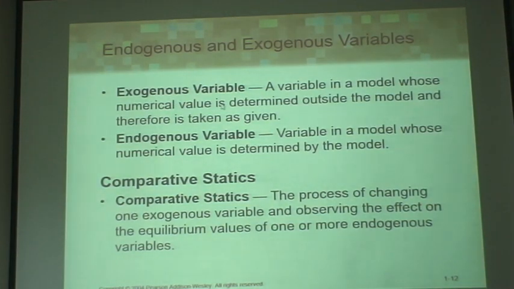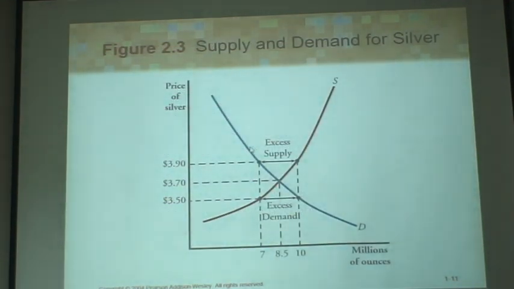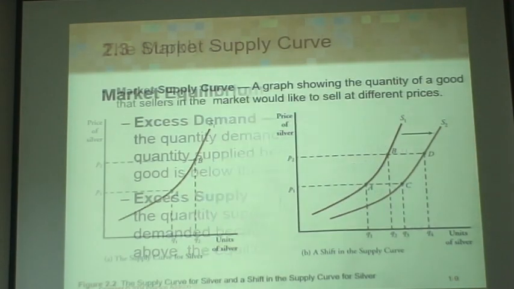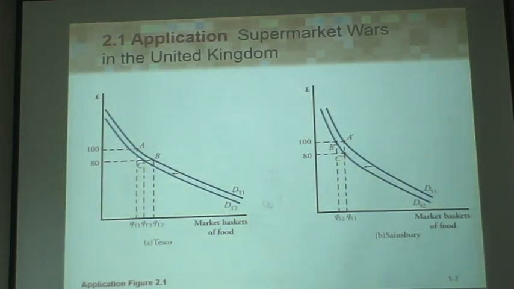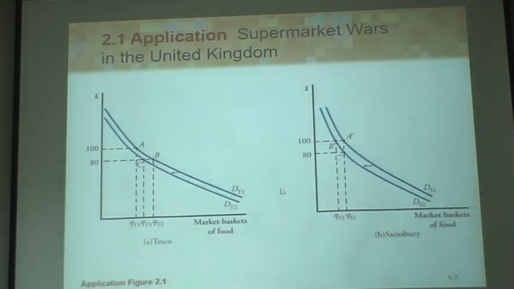Remember, exogenous variable, endogenous variable, right? So let's move a little bit up. Here, in this model, Sainsbury price and Sainsbury quantity are the endogenous variables. But the price of Tesco will be an exogenous variable to this Sainsbury model.